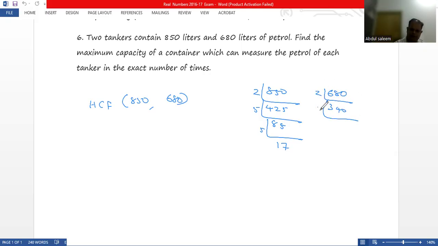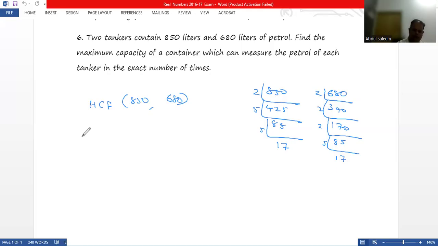Then divisible with 2, 170. Then again with 2, 85. Then divisible with 5, giving 17.